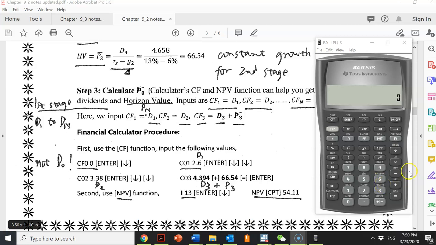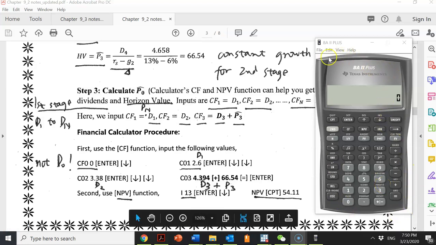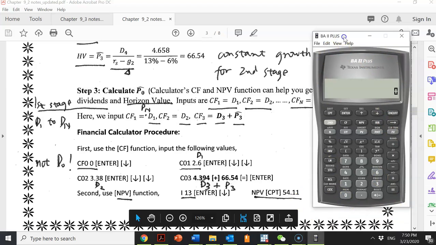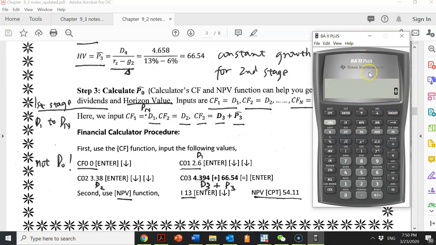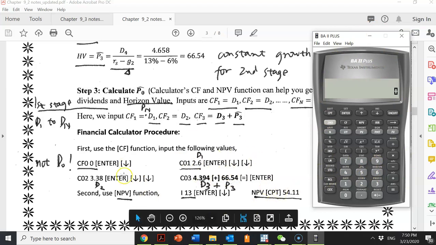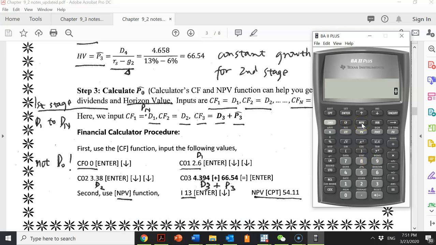You can see that I have the BA2 Plus Texas Instruments Financial Calculator emulator on the screen. I'm going to show you how we can calculate P0 by using this financial calculator. This helps you review the cash flow function and NPV.